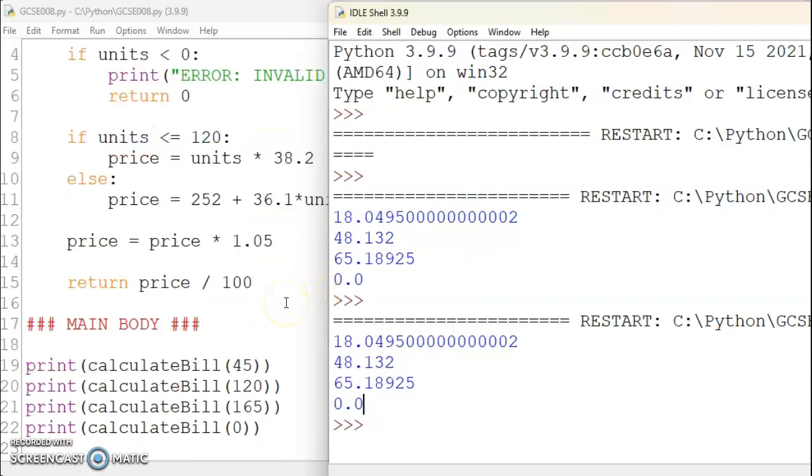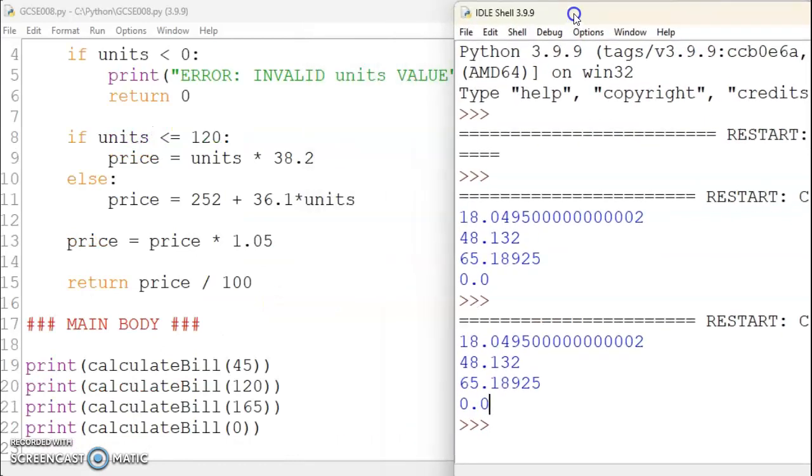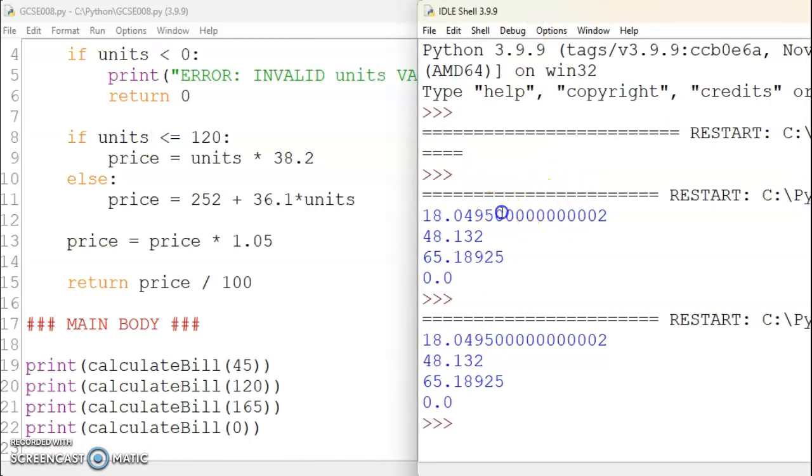One final remark then about this program is that at the moment, when dealing with pounds and pence, we're sometimes seeing these very, very detailed decimal values, and this is to do with the loss of precision. When computers store real numbers, they struggle to represent them exactly as you and I would if we were writing our numbers down in base 10 and manually working through our working out.